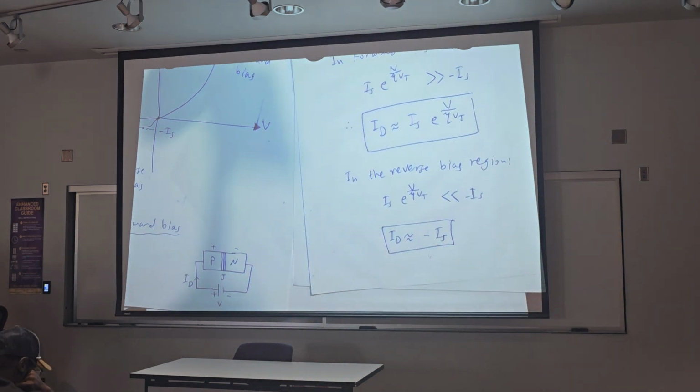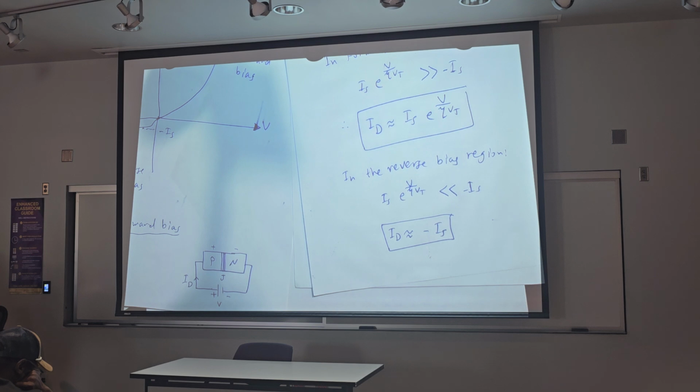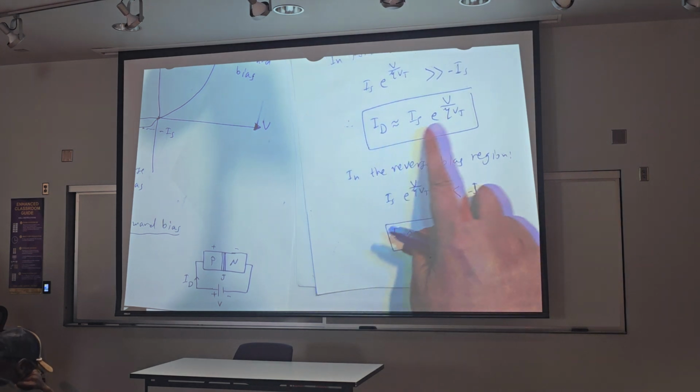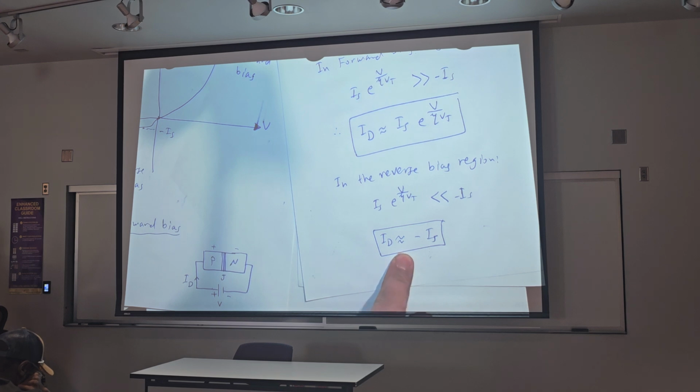Minus IS is a number, maybe 5 milliamperes or 10 microamperes. It is not multiplied by an exponential function; here it's a constant function.